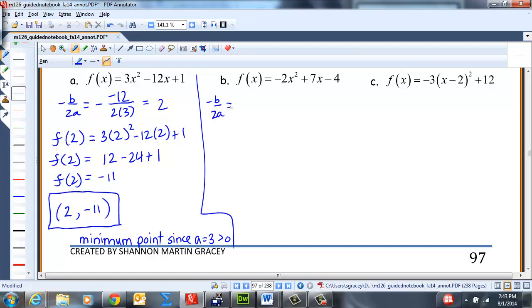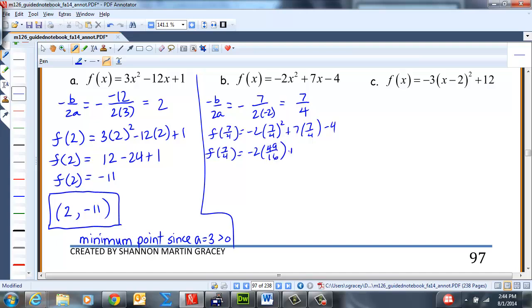-b over 2a is equal to negative, so b is 7, and then a is -2. So we will get +7/4. Evaluating the function at 7/4, we'll get -2 times 7/4 squared plus 7 times 7/4 minus 4. Crunching through the algebra, we will get -2 times 49/16 plus 49/4 minus 4.